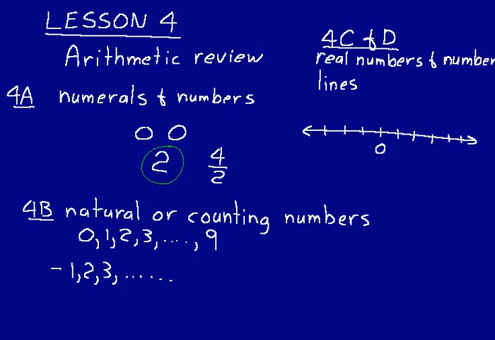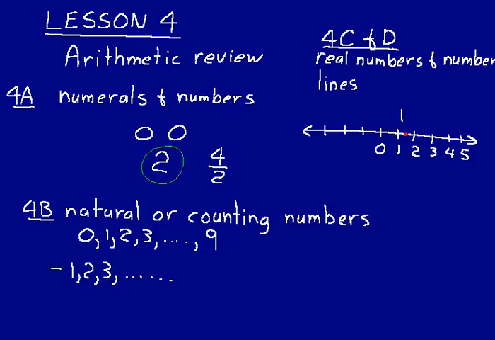Now, positive real numbers, those could be numbers like 1, 2, 3, 4, and 5. So positive real numbers include the natural or counting numbers, but they could also represent numbers in between those, like a position in between 1 and 2. Let's say that represented 1.5.